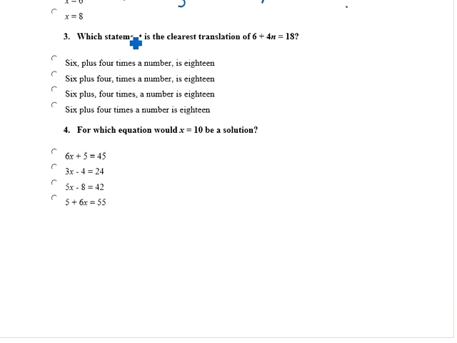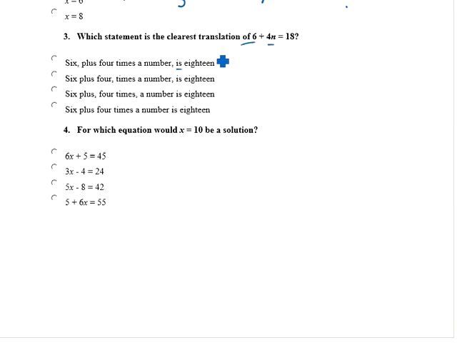There we go. Which statement is the clearest translation of 6 plus 4n equals 18? So 6 plus 4 times a number equals 18. Okay, 6 comma, plus 4 times a number, our number is n, equals 18.